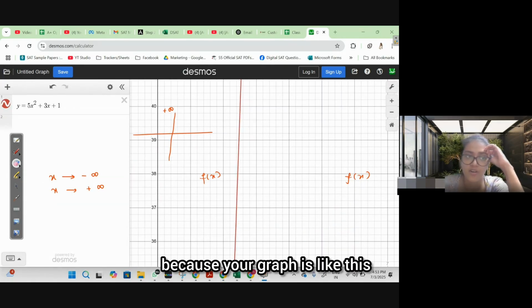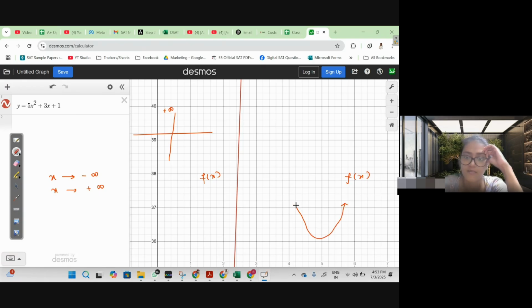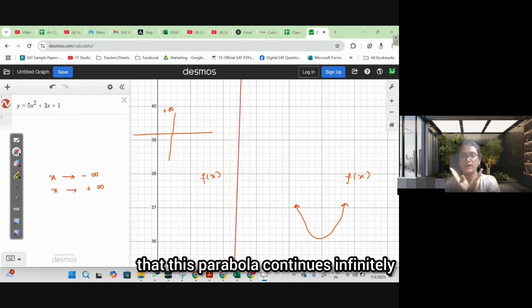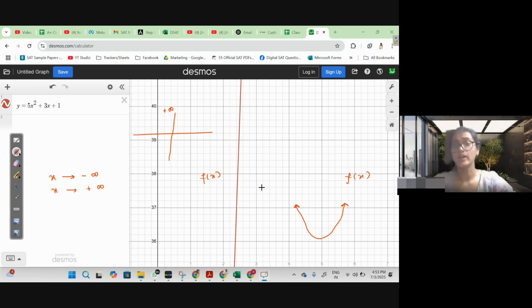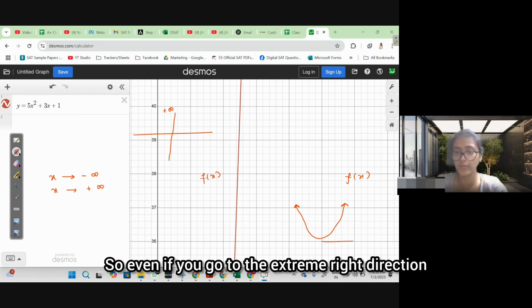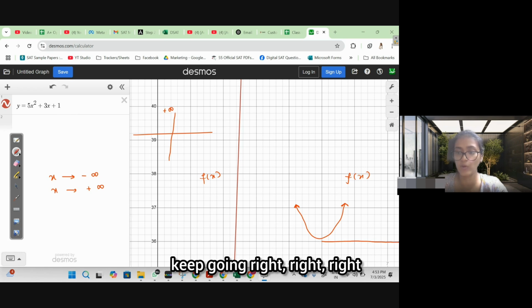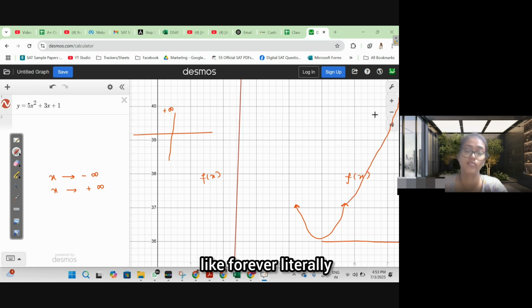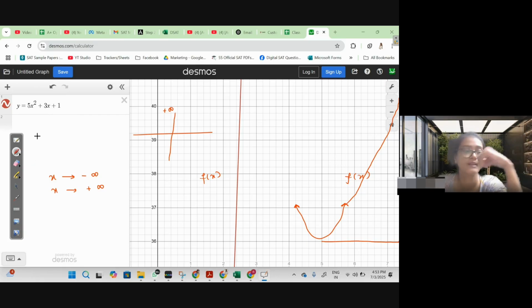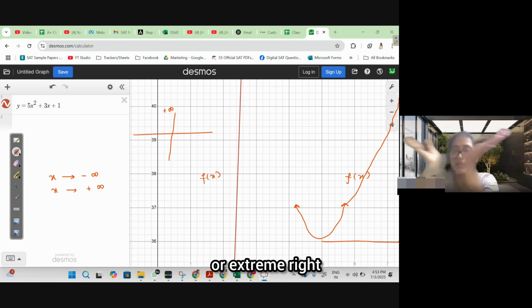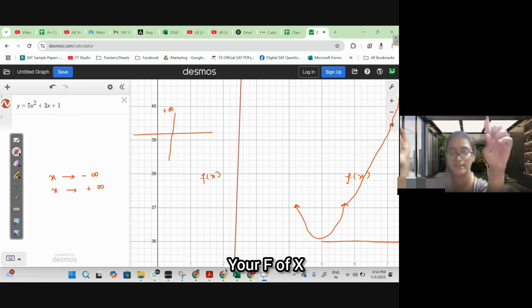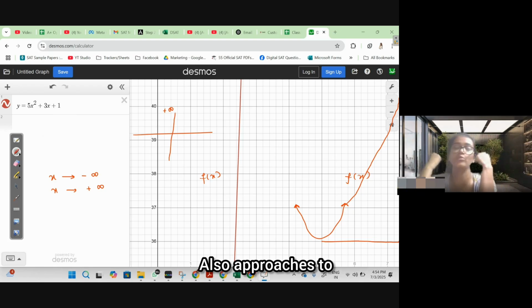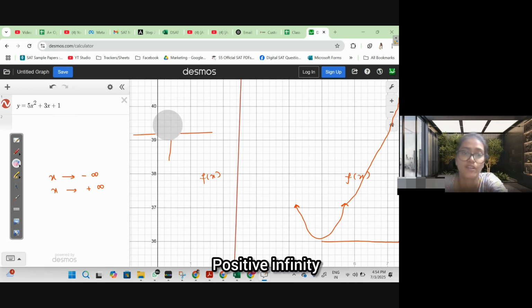Because your graph is like this. These arrows represent that this parabola continues infinitely. Even if you go to the extreme right, just keep going right, this parabola will keep continuing forever, literally. So in this case, whether you move to the extreme left or extreme right, f of x approaches positive infinity.